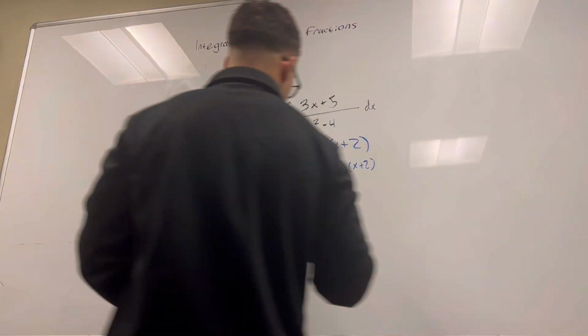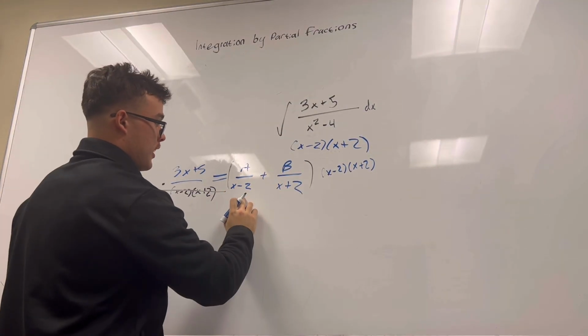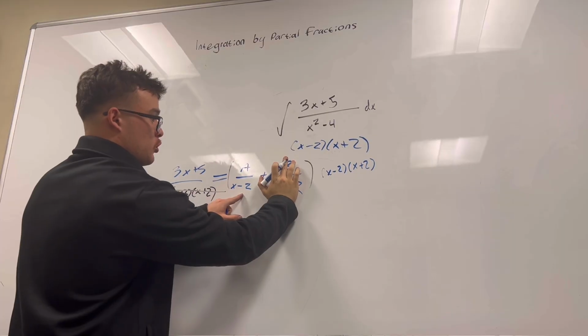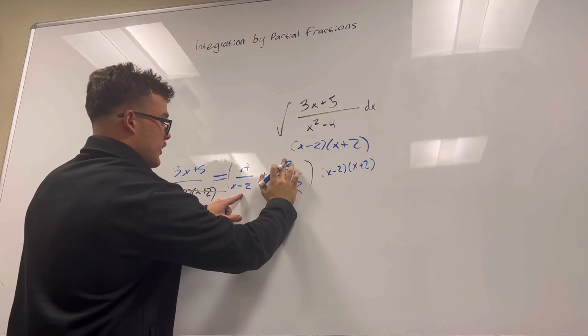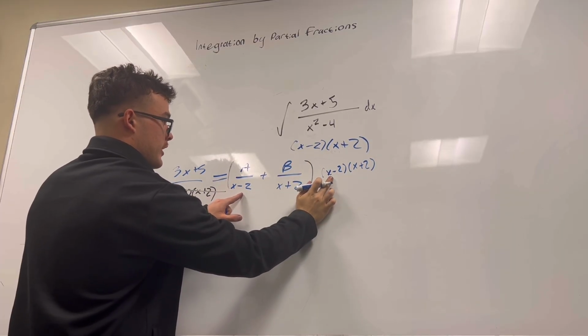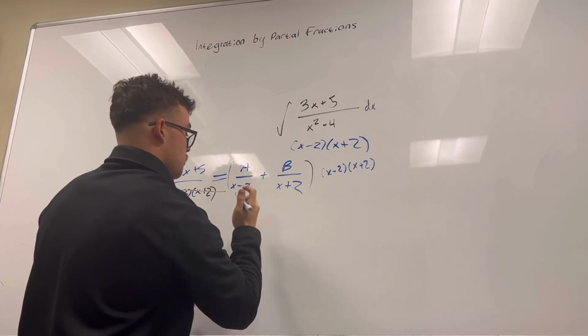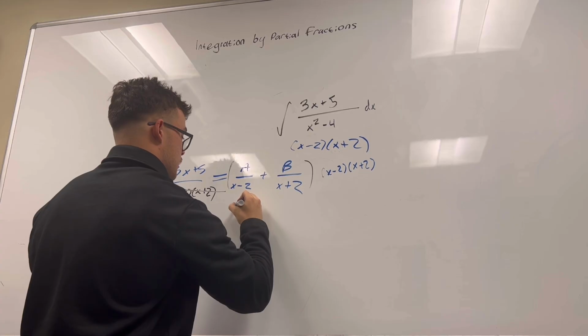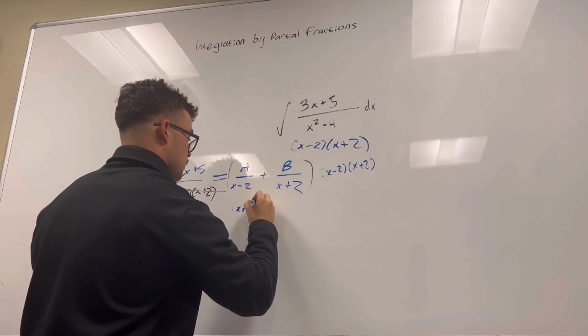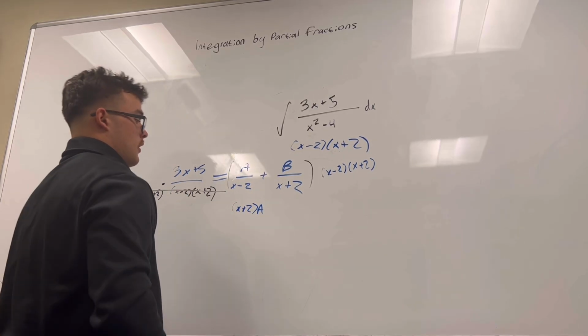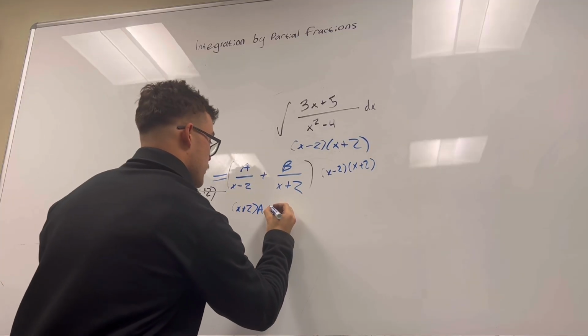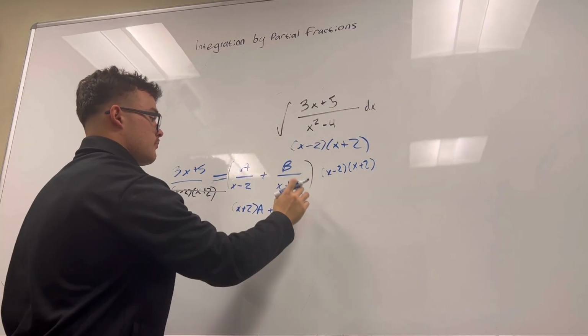Just pretend this doesn't exist. When you multiply these two by this, you're going to find that these two terms cancel, and it's just going to be a times the other term. So you're going to get a times x plus 2, or 2a.